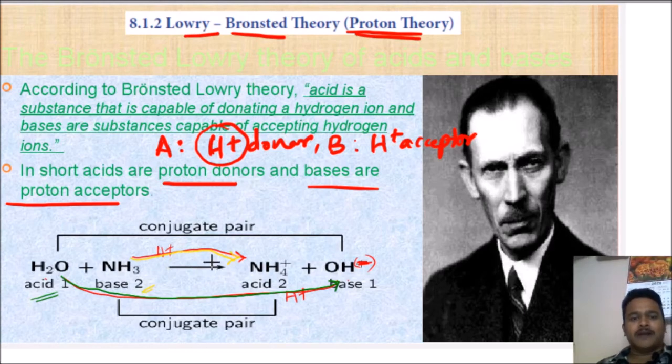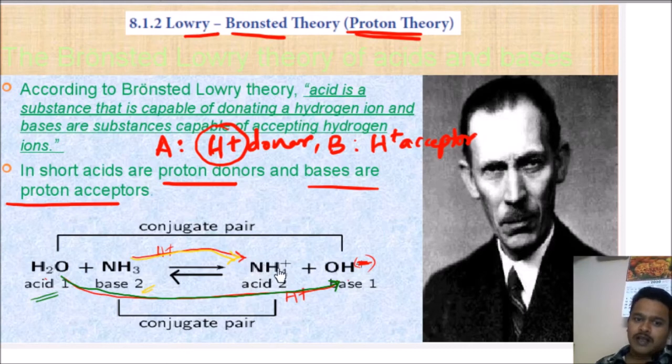Again I am talking about one direction, and you also see this is a reversible reaction. It must be a reversible reaction, then only can we study ionic equilibrium. Now see why I am calling this one an acid. In the forward reaction, NH3 goes to NH4 plus.